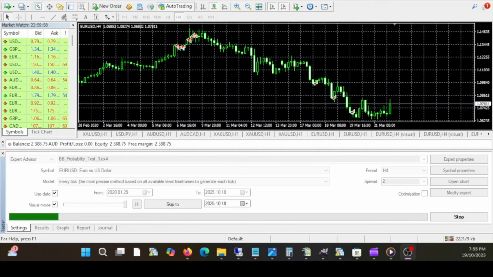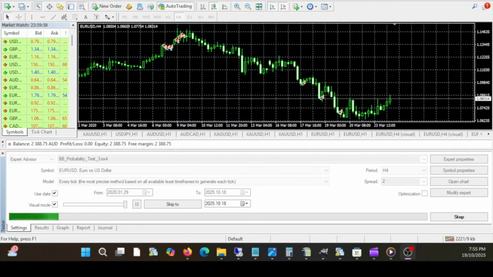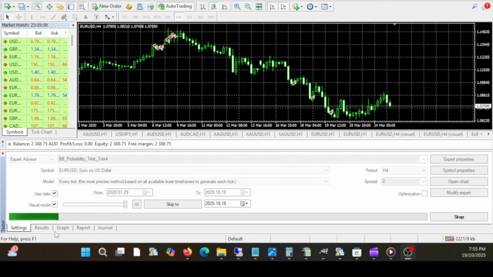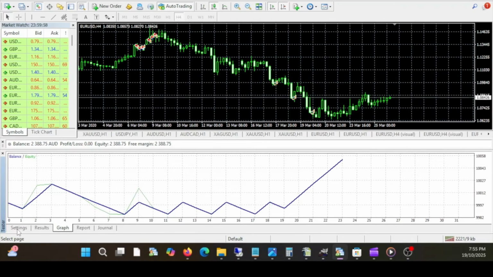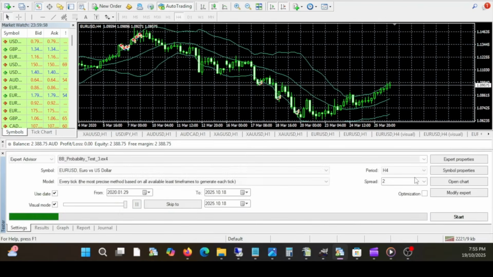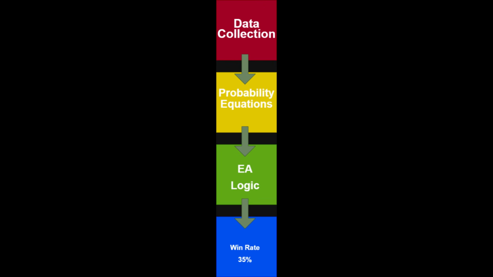Skeptics might say a 35% win rate is low or coincidence, but it's not. The win rate mirrors the data's reversal percent of around 38%. We collected data from real historical bars, fitted equations, and the EA trades only when rev score is greater than 0.5.